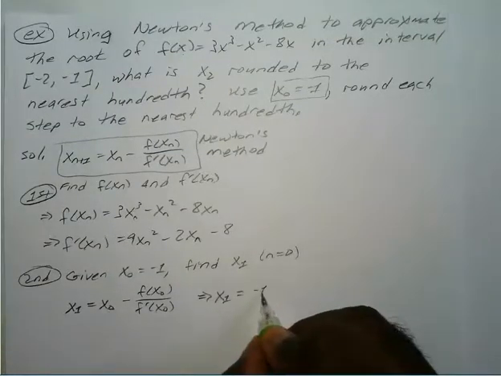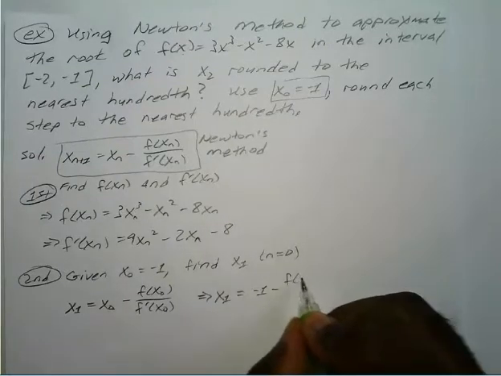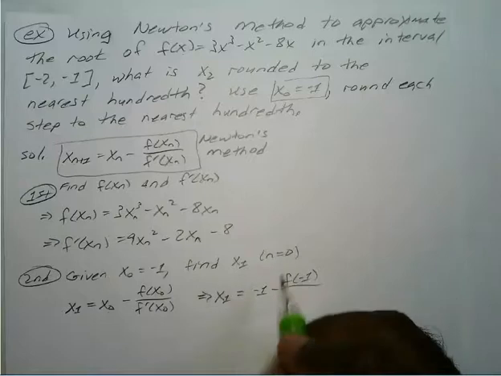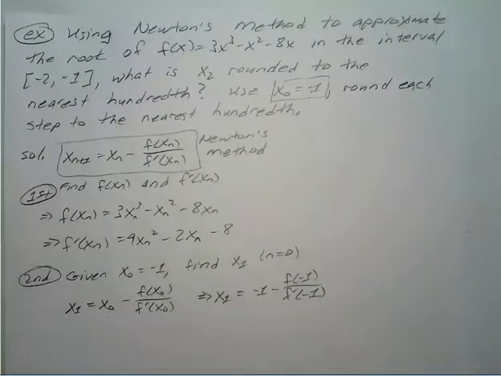So you have negative 1 minus f of negative 1 all over f prime of negative 1.